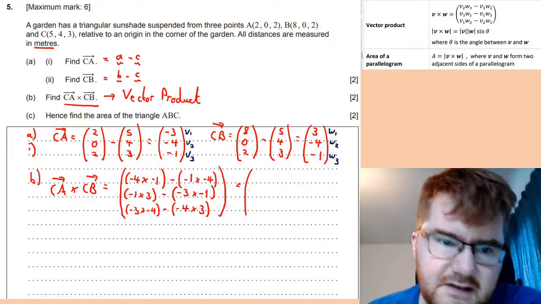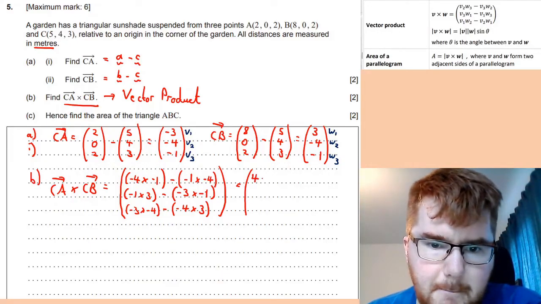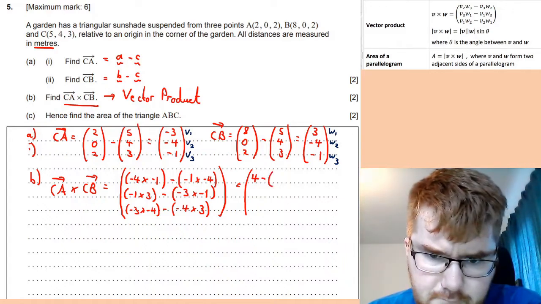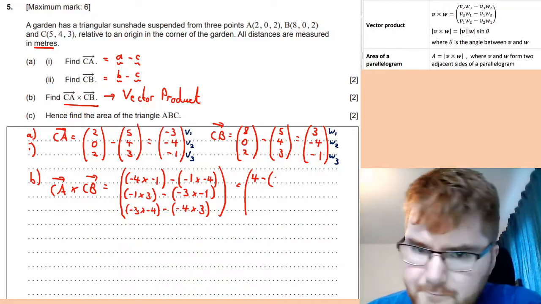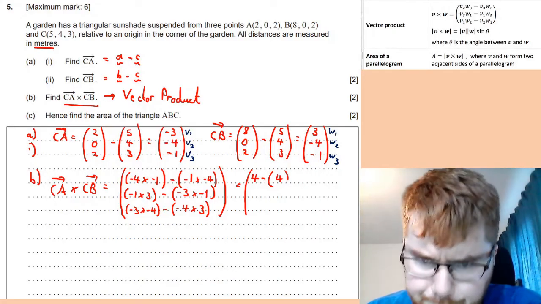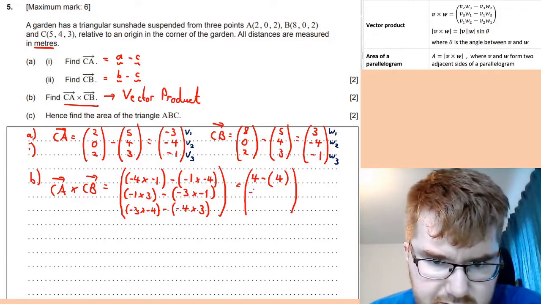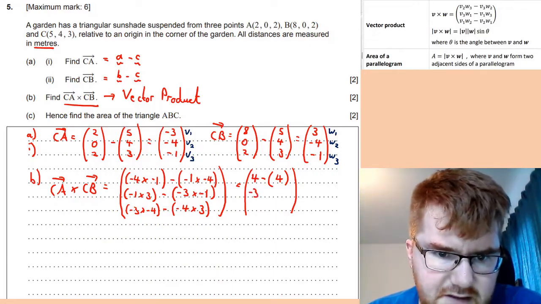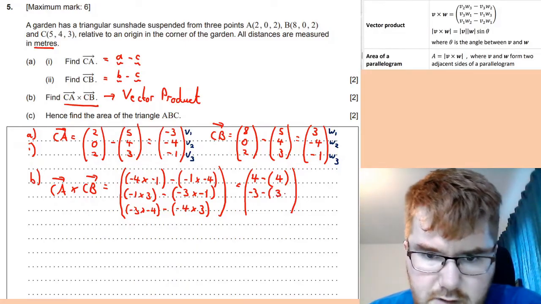Now I'm going to do the brackets. Minus 4 times minus 1 is equal to 4, and then we're going to get minus 1 times minus 4, which is equal to positive 4. The next part, minus 1 times 3 is minus 3. Minus 3 times minus 1 is equal to positive 3.